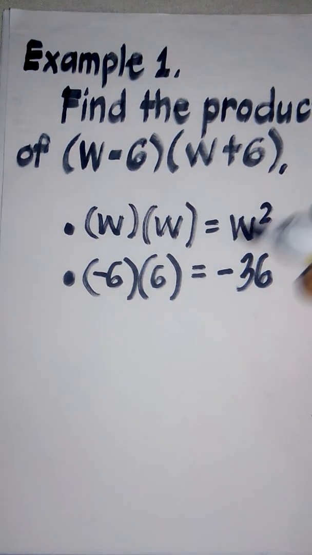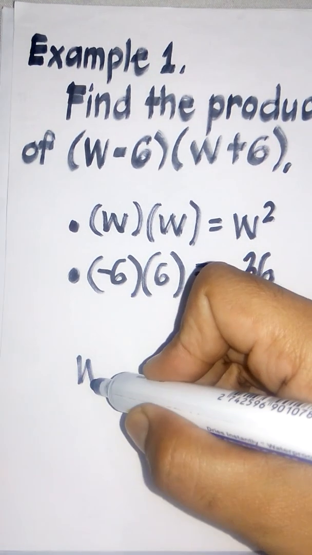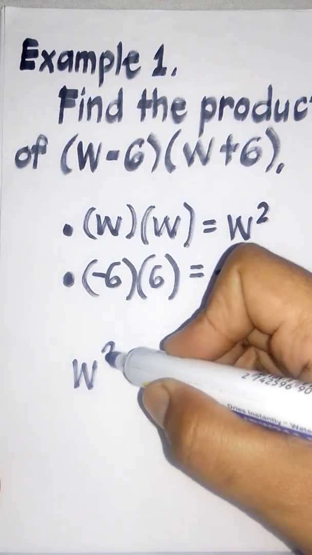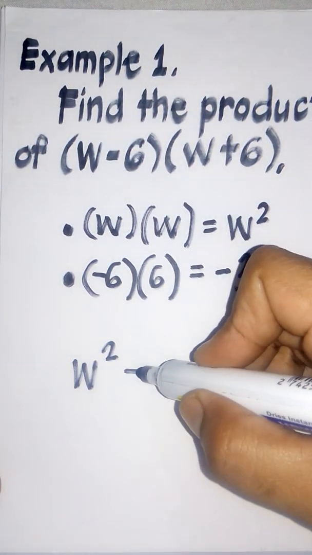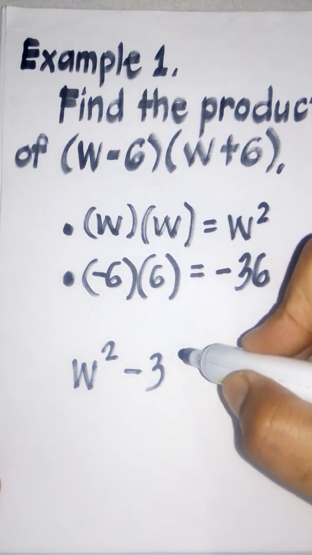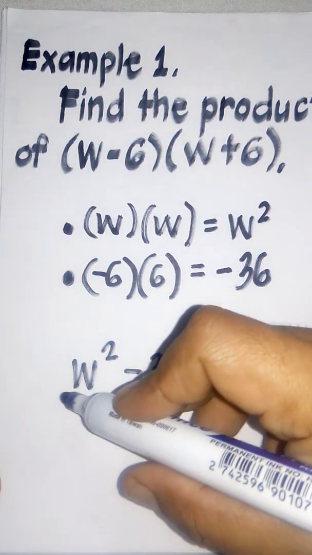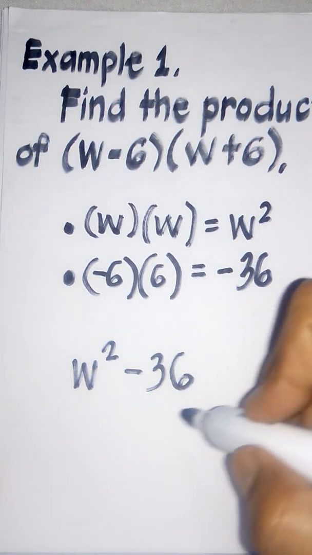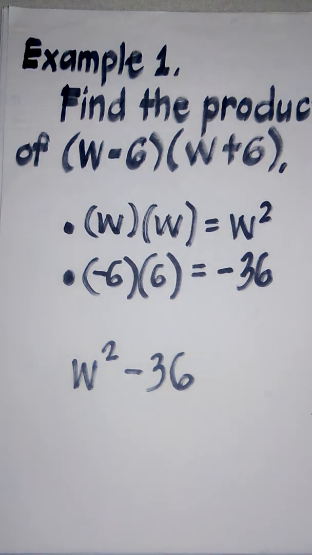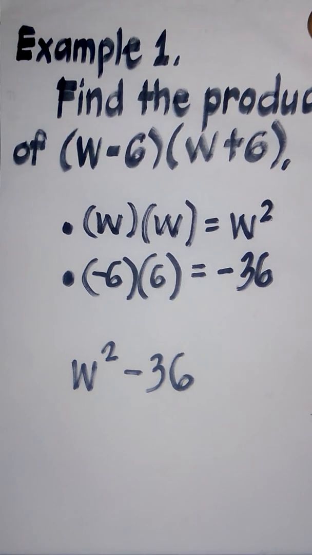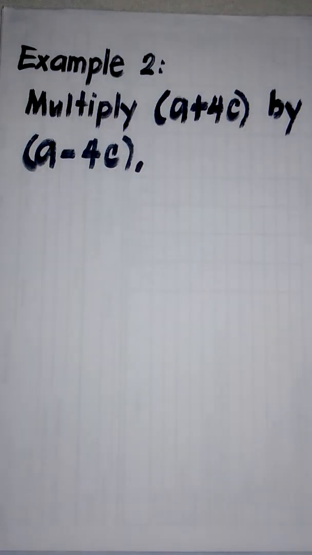You use this w squared and get negative 36, and that's it. This is already the final answer for finding the product of w minus 6 times w plus 6.